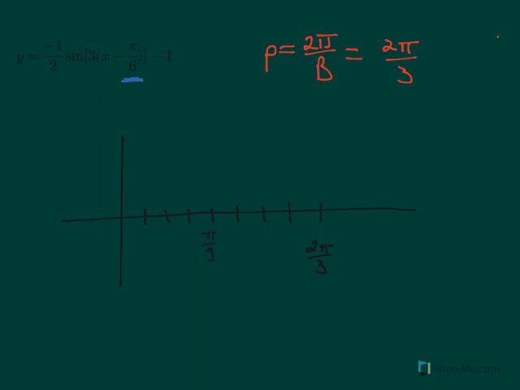And if this is pi/3, halfway to that is going to be pi/6. So it looks like 2 tick marks is going to work out to be pi/6. So that's going to be able to accept our phase shift horizontally. This looks like a good scale.